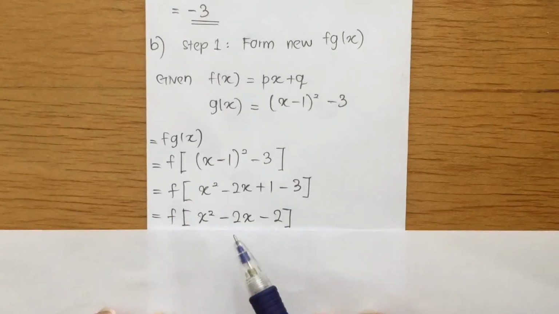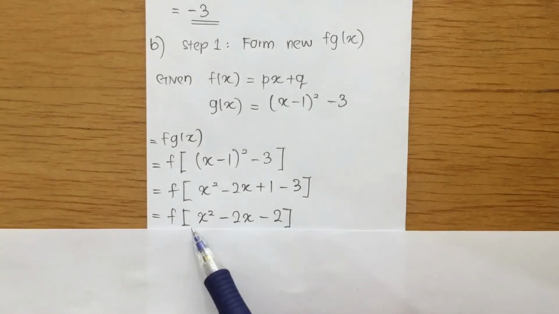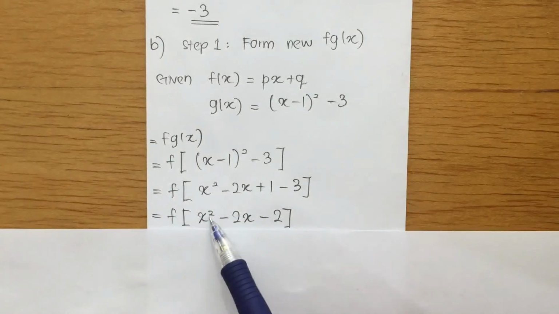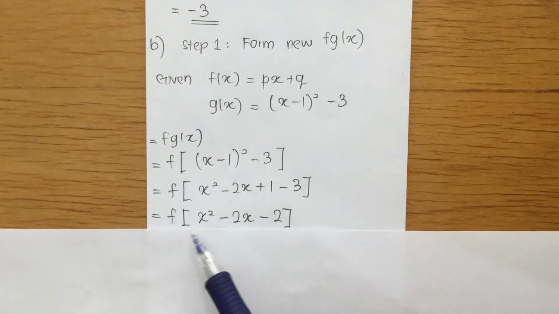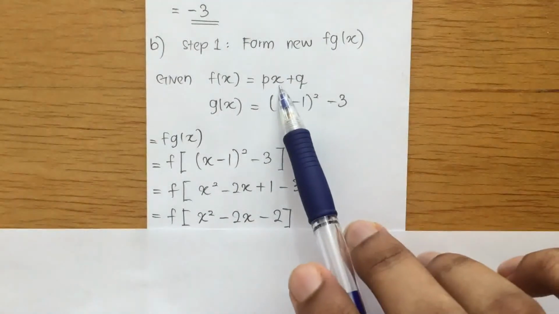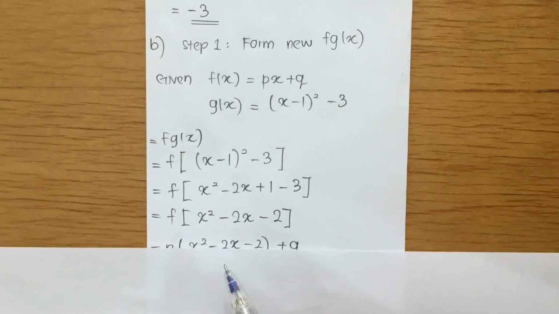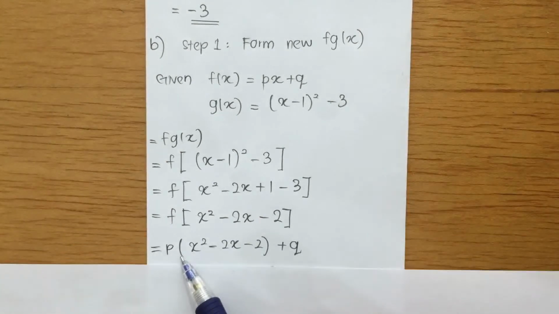Once you cannot further simplify this expression, now what you do, this expression x squared minus 2x minus 2 is going to map into the function f. So p in a bracket x squared minus 2x minus 2 in a bracket, and then you plus q. So we're going to expand the bracket over here.